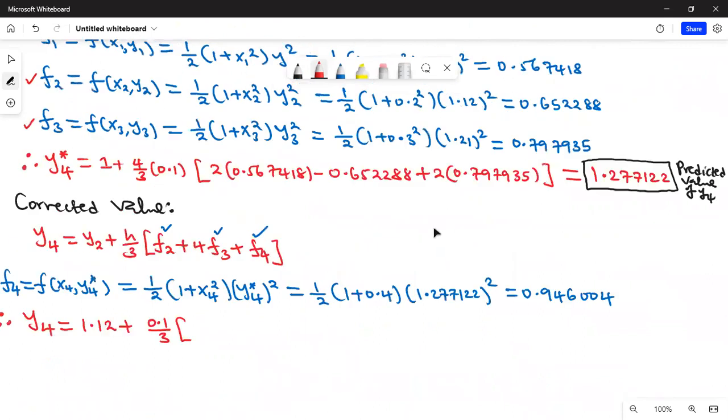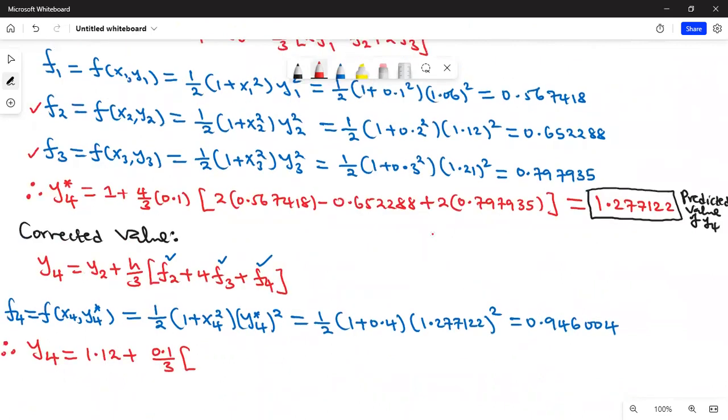Read the value we got as f2, that was 0.652288, plus 4 times f3, which is 0.797935, then plus f4, which we have just found as 0.946004.